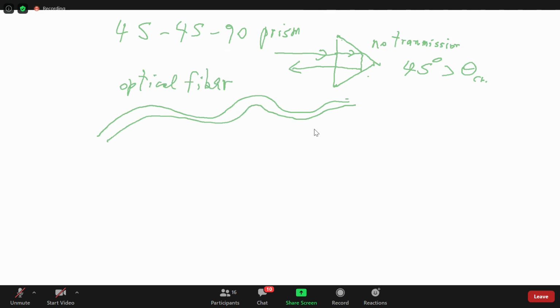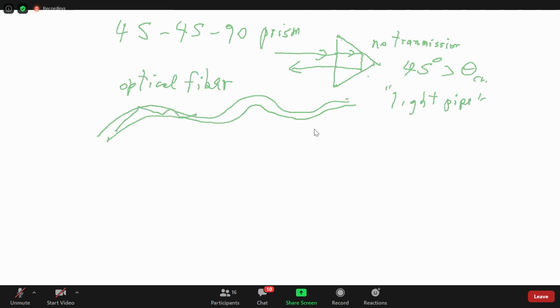The way it works is it's basically, some people call this, I'll put in quotes, a light pipe. It keeps the light inside, so if you take a particular, let's say beam of light represented by these rays, every time you hit an interface, you get reflection.